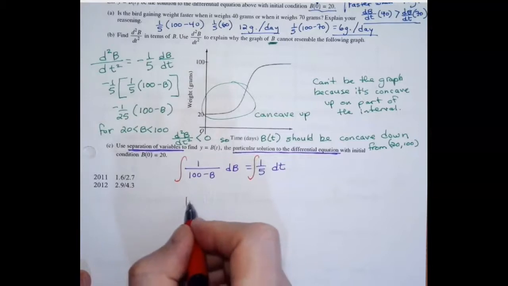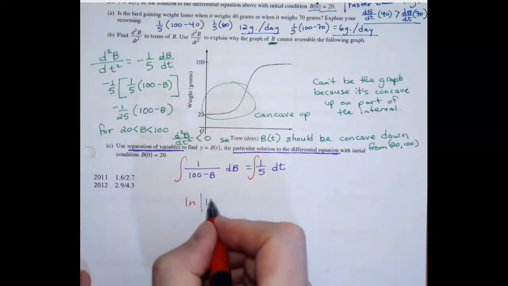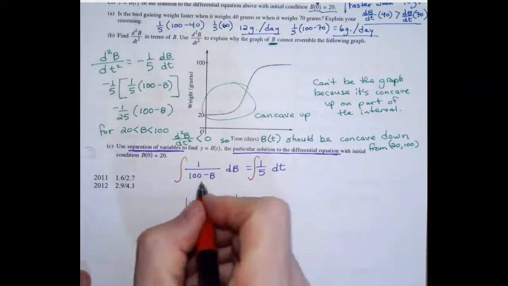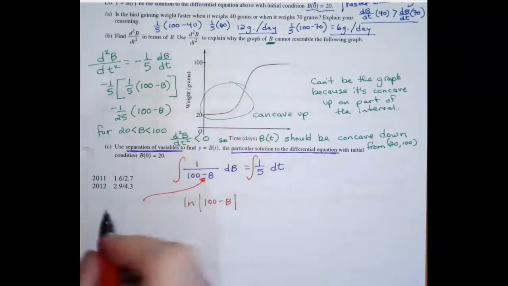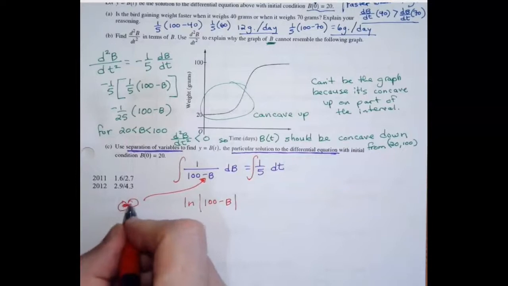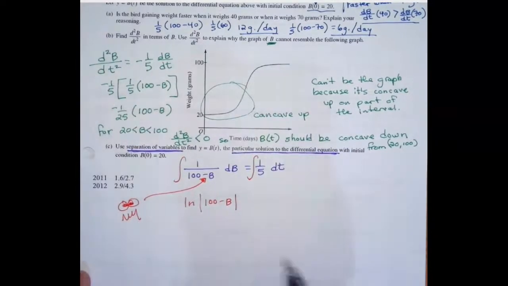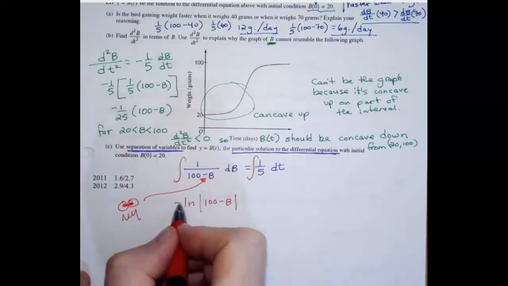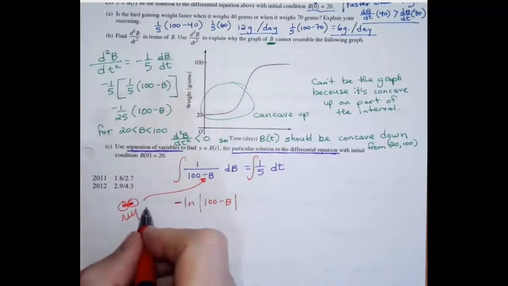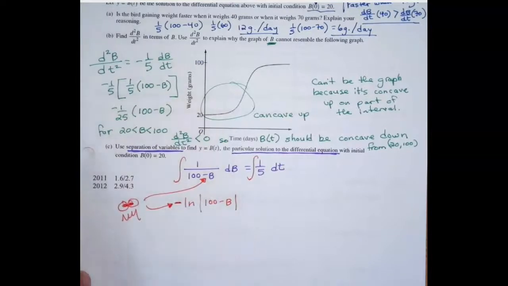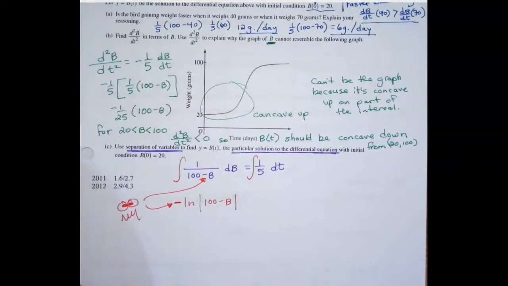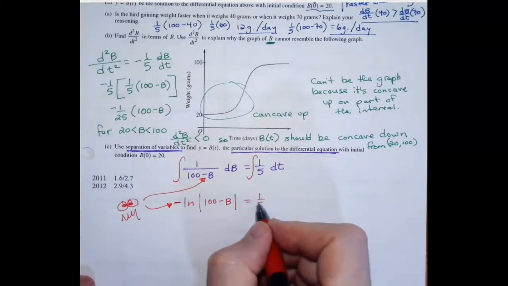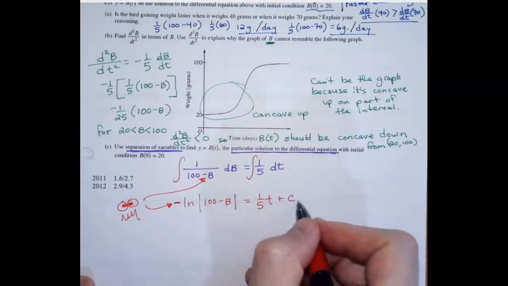Now here's what I was talking about earlier. Initially we would just be like, oh, that's just the natural log. But I'm going to be careful there, because if we do U substitution on that, we're going to get a negative here. So just keep an eye out. And then over here, this is going to be 1/5 t plus c1.